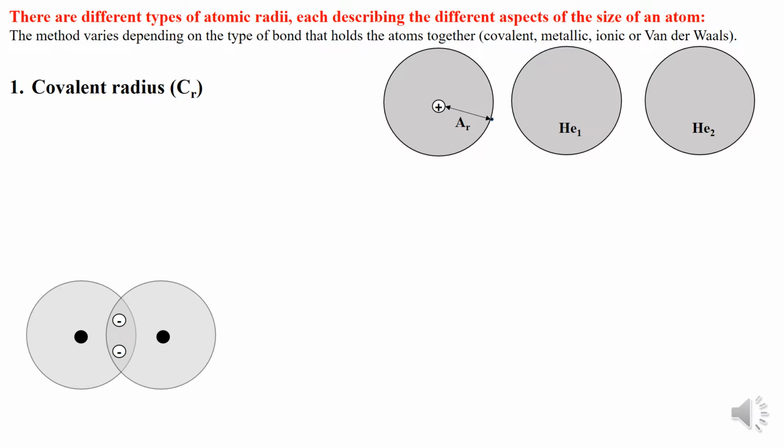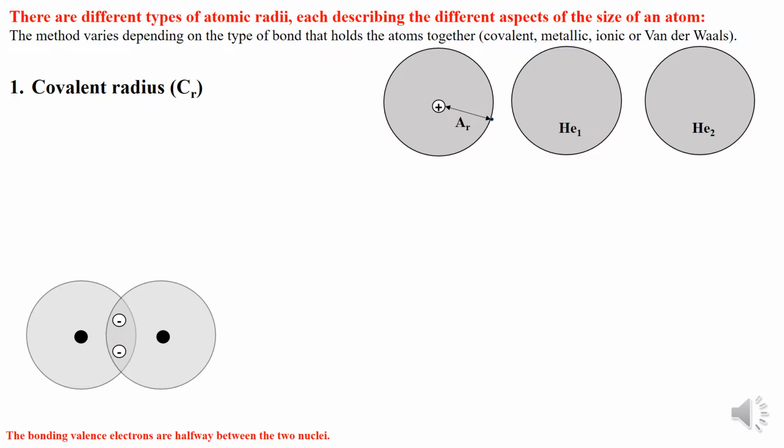So the probability of finding the shared pair of bonding valence electrons is halfway between the two nuclei.